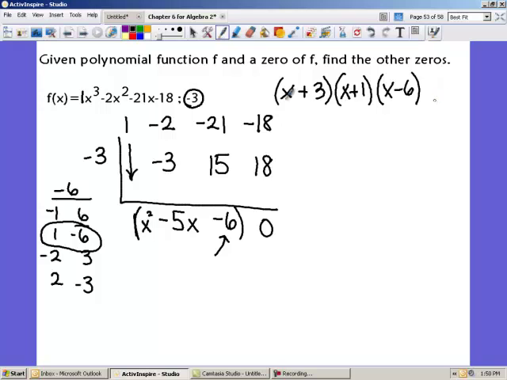And now we're going to set each one of these equal to 0. However, I could care less about this one because they already gave me the answer. So there's one of the zeros. X plus 1 equals 0. If you just take the opposite of 1, it's really -1. And the opposite of -6 is 6. And you can do the work for that to prove yourself right. These are the zeros.